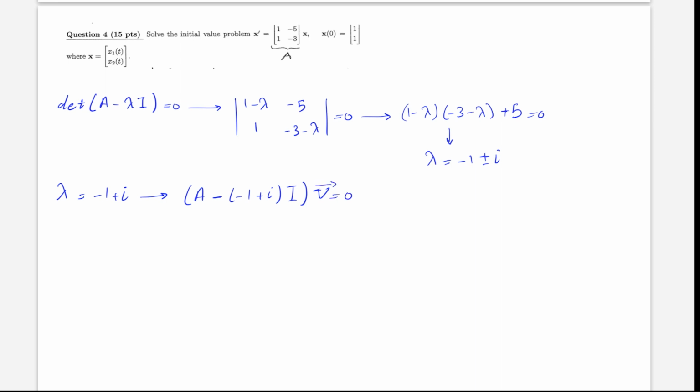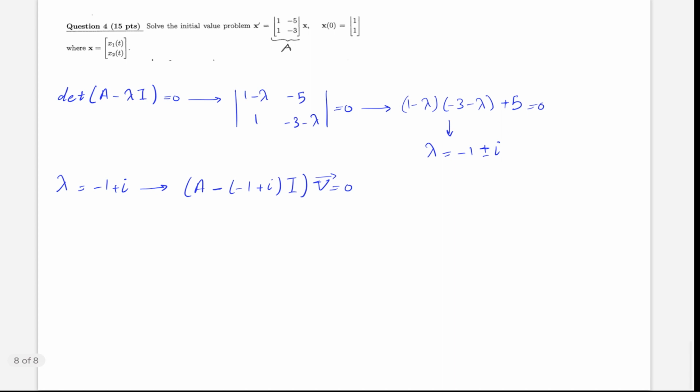Now this will be equal to the matrix with rows 2 minus i, minus 5 and 1, minus 2 minus i, and the right side is 0. From here, we can again go with row echelon form, but since this matrix is very simple, I will use the equations.